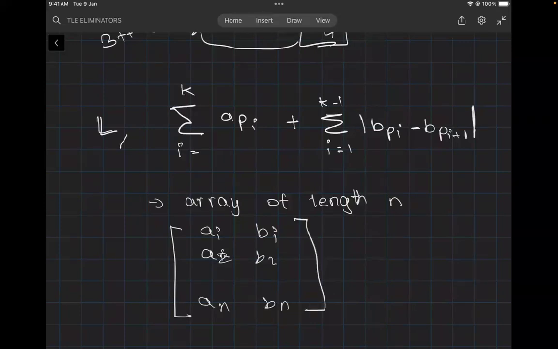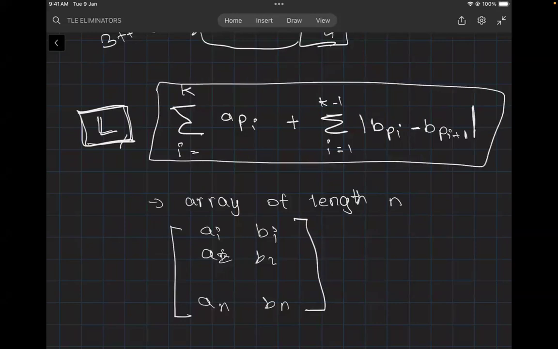This is the set of elements that we are given, right? Now, we are also given an integer L. What does integer L say? It says that whatever this function is, its value should be smaller than or equal to this limit.